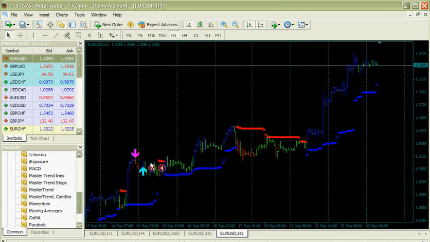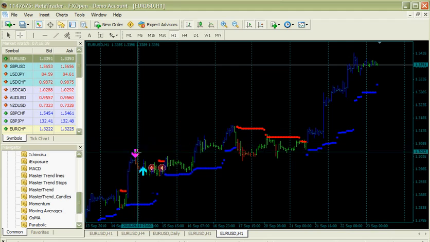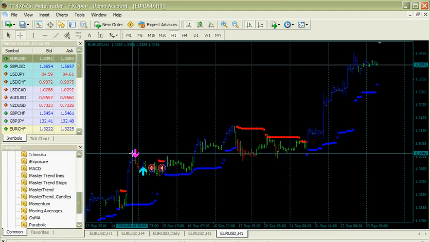The second condition: if it's a buy, you're going to have to see a blue dot below the bar. If you do not see a blue dot, then that's not a confirmed signal. Same thing on the sell signal. If you see a red sell signal, but you do not see a red dot on top of it, that means it's not a confirmed signal. So in this case, this signal here that you see on your screen will not be used for a trade.